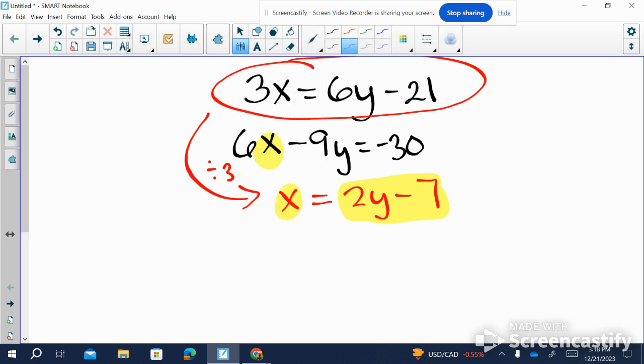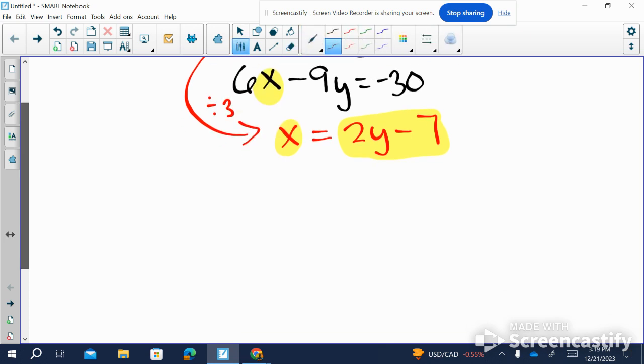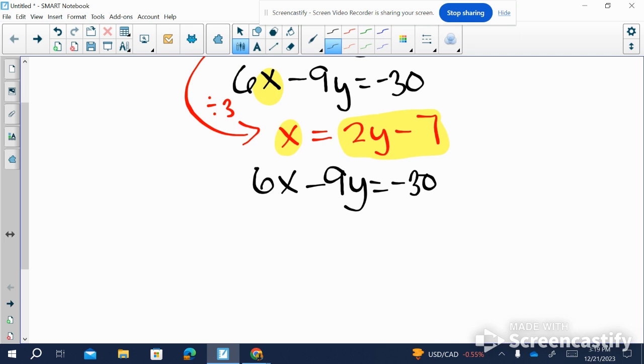So that's exactly what I'm going to do. I'm going to move this down and I'm going to rewrite the 6x minus 9y equals negative 30. Now I said anywhere we see an x, we can now substitute in 2y minus 7. But 6 was multiplying x, so 6 needs to multiply this entire quantity.